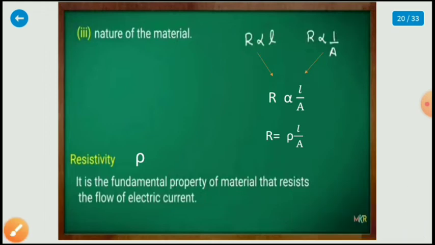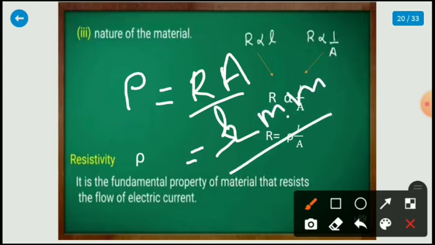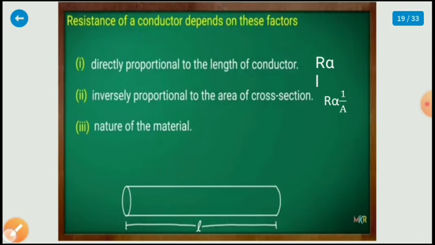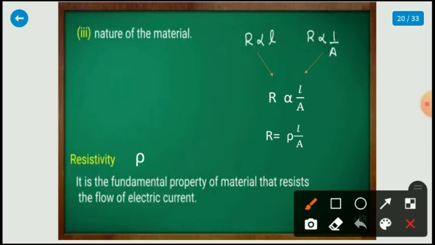It is different in different materials. Rho is equal to RA by L. Resistance is in ohm, area is meter into meter, divided by meter. Here one meter cancels, and the SI unit of resistivity is ohm meter.